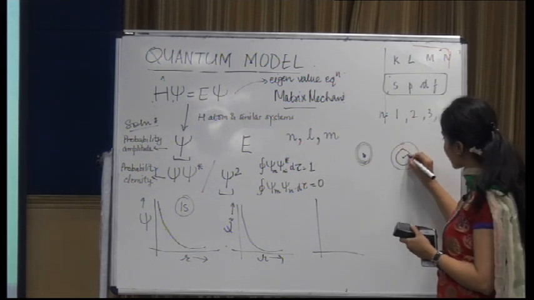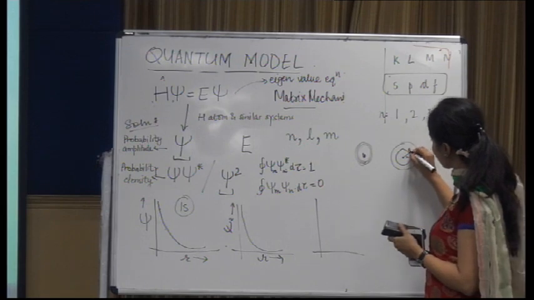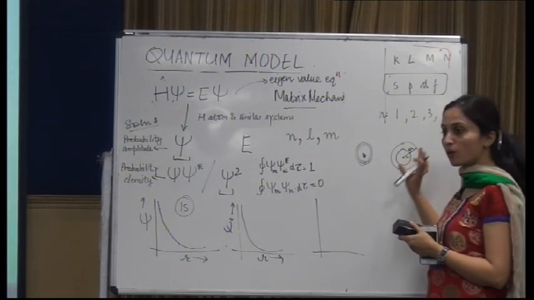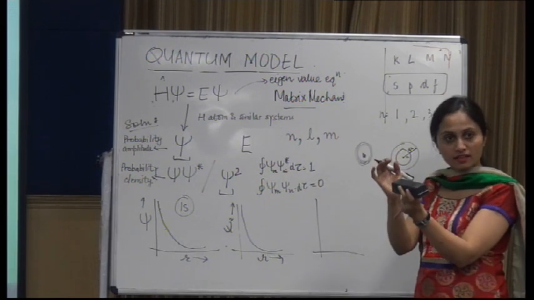So if this is r, this revolves in a distance of, let this be dr. So what will be its volume? Volume of a sphere, outer sphere minus inner sphere.